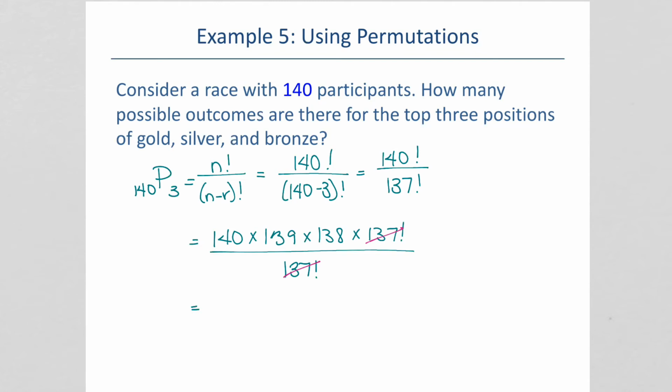And so we just have 140 times 139 times 138. That's a big number. 2,685,480 possible ways the top 3 spots could be awarded.